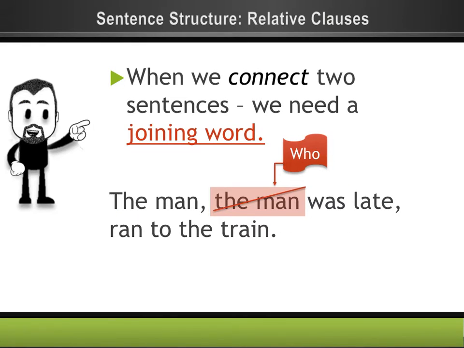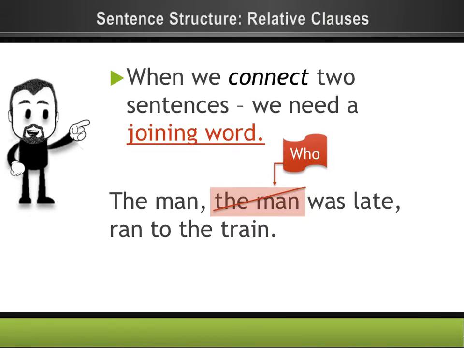When we have two sentences that we want to join together, like these two, we have the man was late and the man ran to the train. So we might try to join them together in this way, but you can see that the subject of the sentence is the same each time.